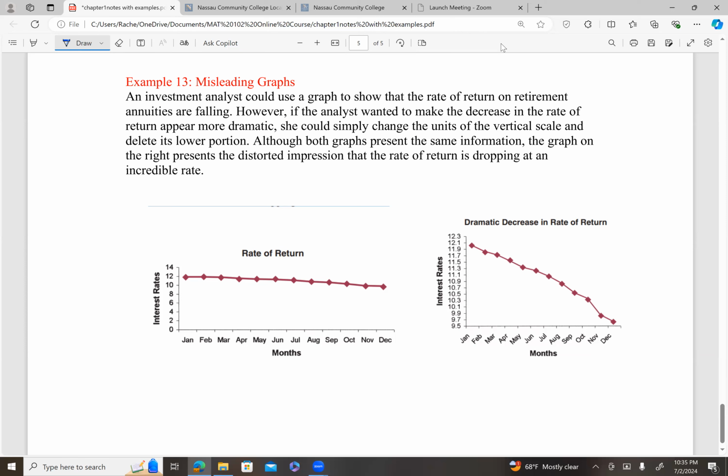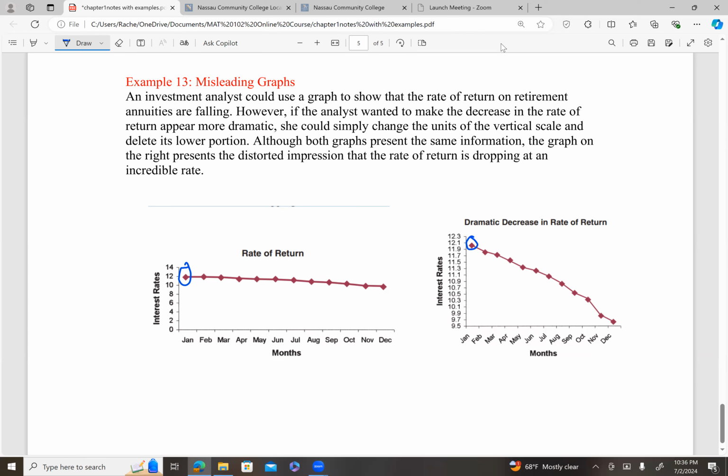So when these same points are plotted, it's going to look way more dramatic. If we look at this first point for January, it's about 12%. This is the same point right here on the graph on the right. Now look at February. February still is about 12%.